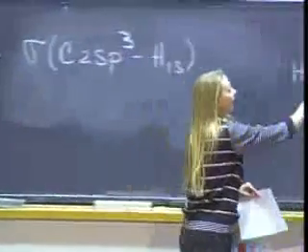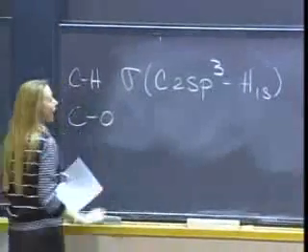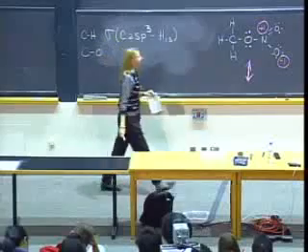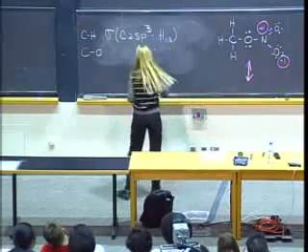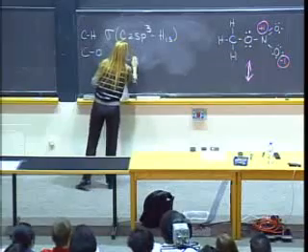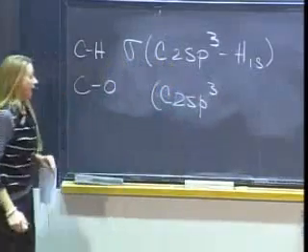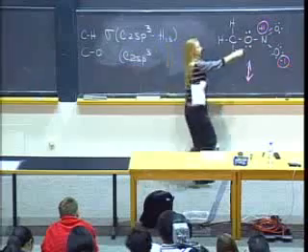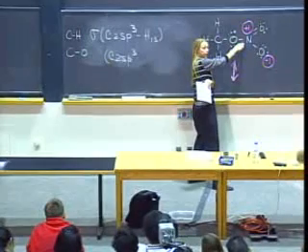Okay, what about this bond, the carbon-oxygen bond here? How do we describe it? Well, we already said this carbon is Sp2 hybridized. And so we can write this carbon as Sp3. And then this oxygen here, well, this oxygen has got 2 bonds to it.